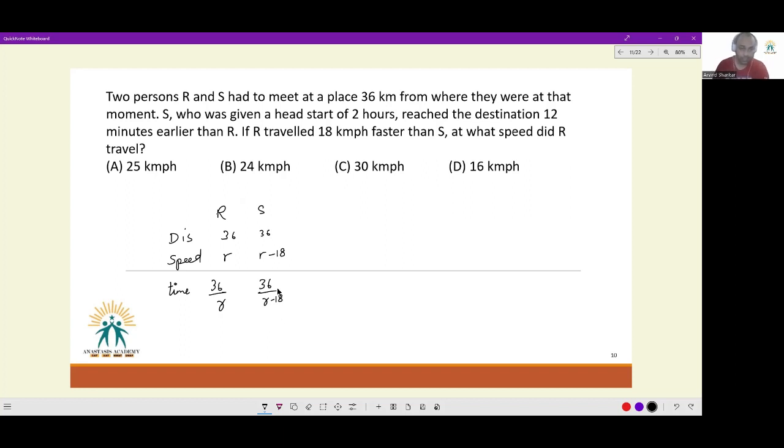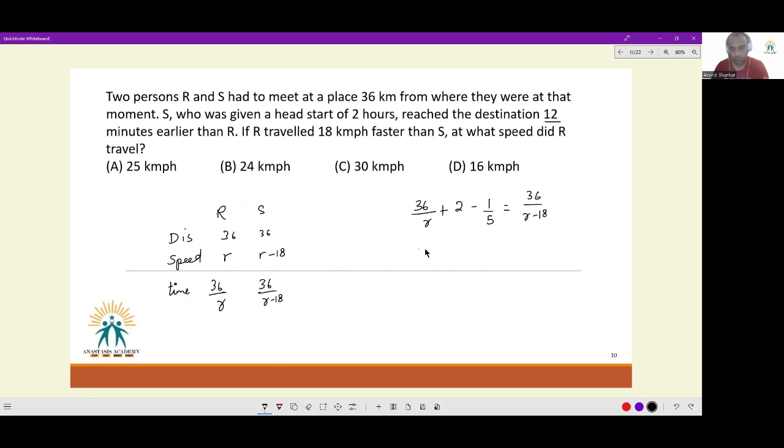Now understand, this fellow was given a 2-hour head start. Because of that, the time taken here, this fellow was given a 2-hour head start and he reached the destination 12 minutes earlier than R. So let's say 36 by R plus 2 minus 12 minutes, so 1 by 5, is equal to the time taken by S, which is 36 by R minus 18.